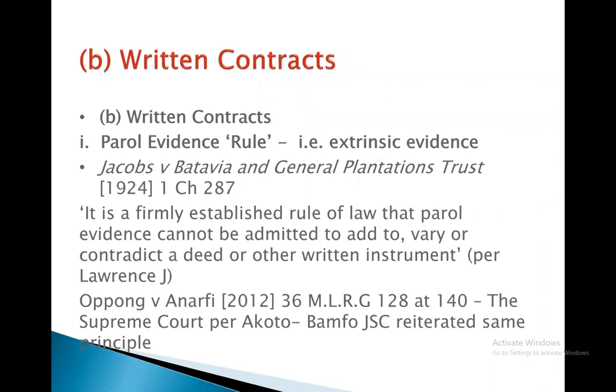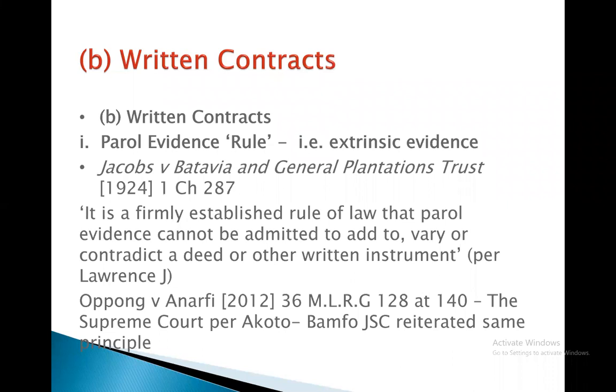So in a nutshell, when the court is trying to find out the express terms, that is the terms that the parties agreed upon, where the relevant contract is an oral contract not reduced into writing, the court is to be guided by what we call the objective test, and that is what we've been discussing so far.